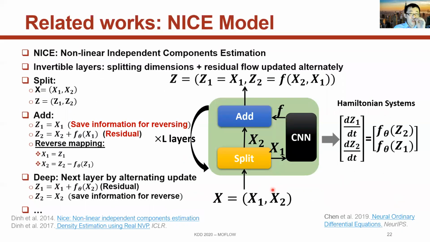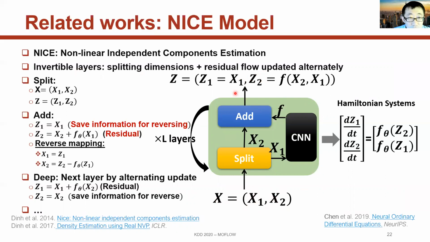Here, we will first show one of the most basic structures, NICE models. NICE models try to build invertible layers by splitting dimensions and using residual flow updated alternately. For example, this is the input signal. They split it into two parts, x1 and x2.